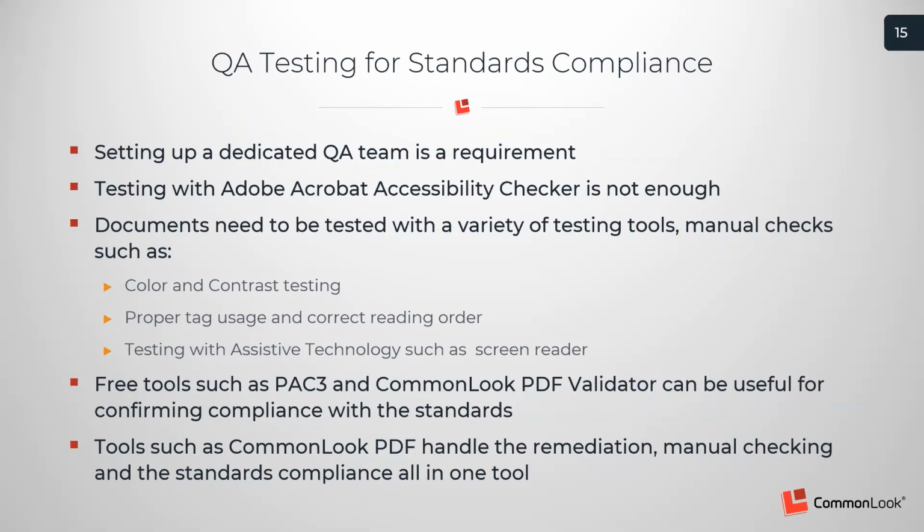So when it comes to testing, they're all free. So I always recommend that if you're going to pick one, obviously being a little biased, I would recommend the Common Look PDF Validator, just because if you're going to do all of this work to make sure that it's compliant, you want to make sure that you're using the correct checker.